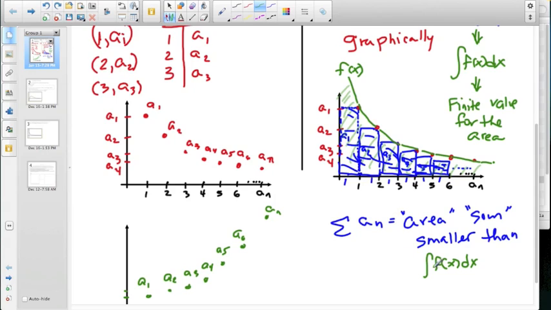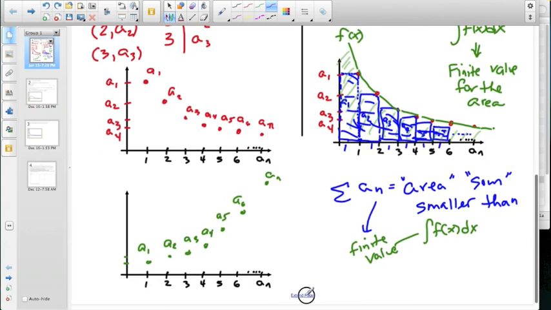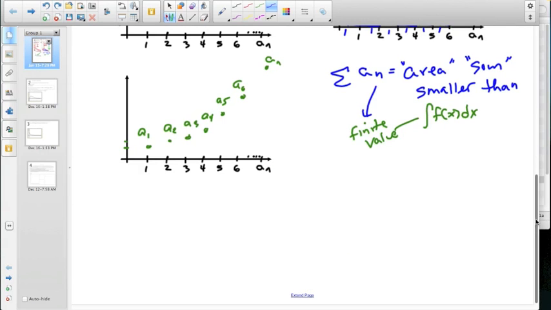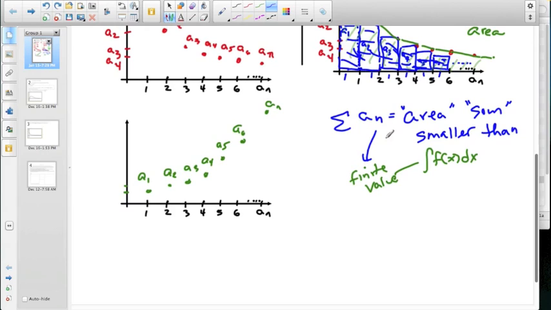And so if this is a finite value, then the actual sum, whether we know it or not, must also be a finite value. And so what we can do then is use this process of integration to determine whether or not we have convergence or divergence by just looking at the value of the area under that curve and knowing that the actual sum lies within that area.